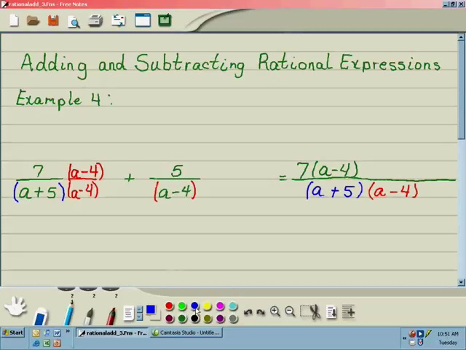And let's match up the second part. As we look here, the a minus 4 matches up, but what is missing is that this part doesn't have the a plus 5. And since it's missing the a plus 5, if I multiply by a plus 5 on the bottom, I will need to multiply by the a plus 5 on the top.